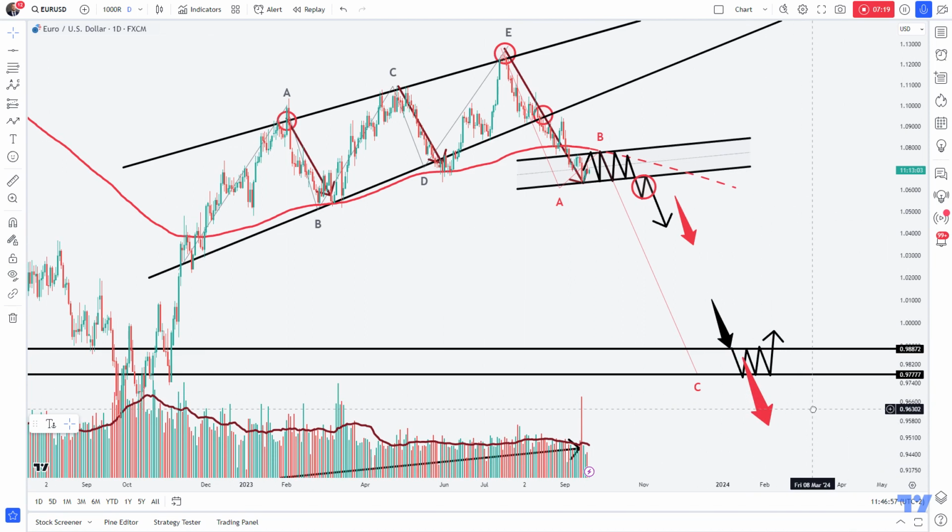This is an indication that the market is going to continue with further bearish declines within this whole structure, and especially when the market is pulling back below the 0.977 area, this is going to accelerate the bearish dynamics.